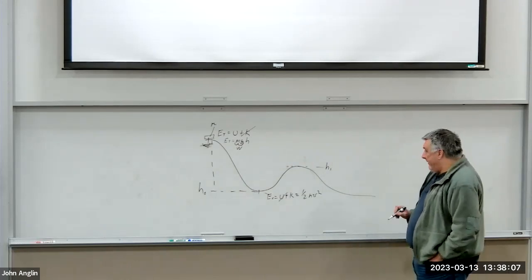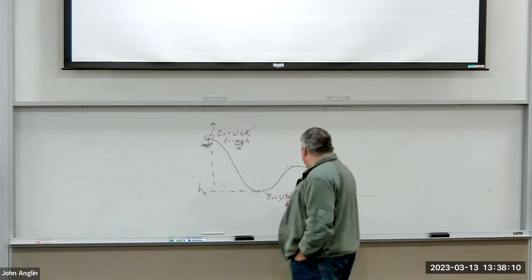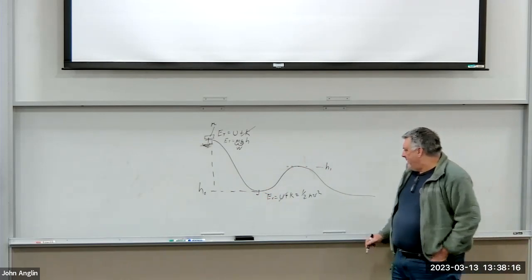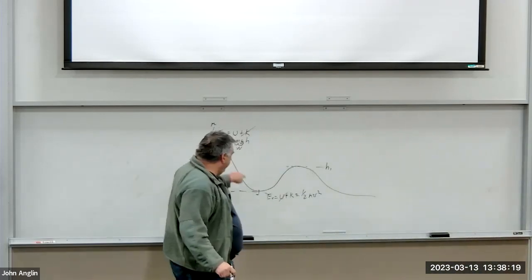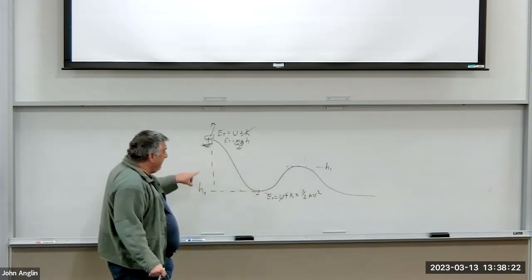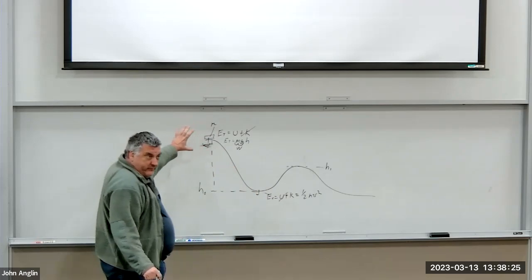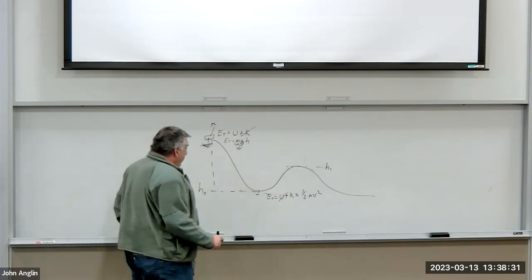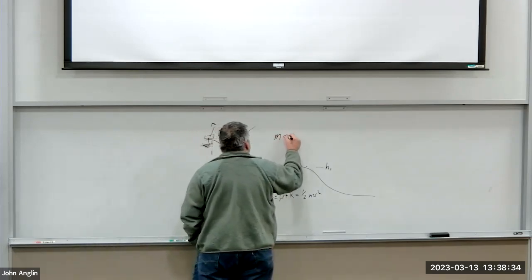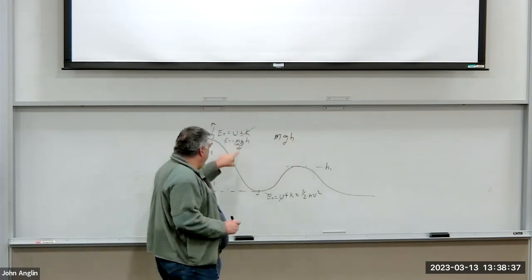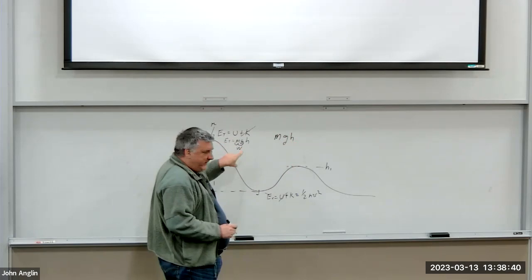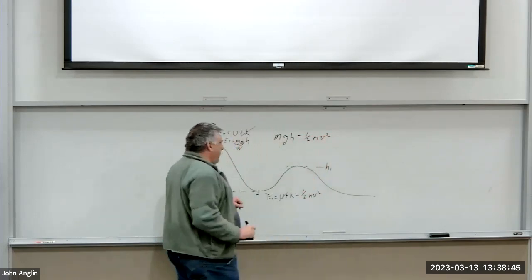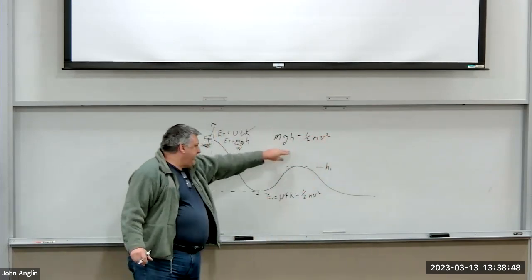So if we want to find the velocity of the car at the bottom of the hill, since the total energy in the system does not change, this is all the energy that's available to us. Since the total energy does not change, E sub t is still E sub t, then we can say that at the bottom of the hill, the potential energy E sub t from the top has got to be equal to 1/2 mv squared, which is all our kinetic energy at the bottom of the hill.